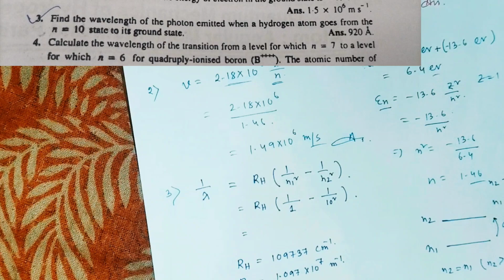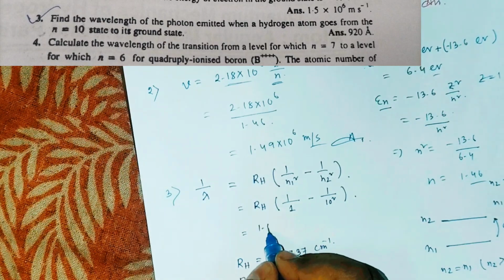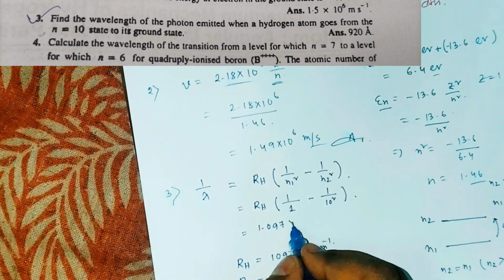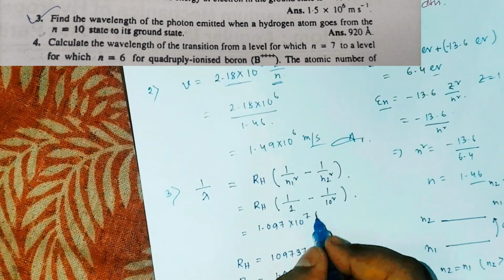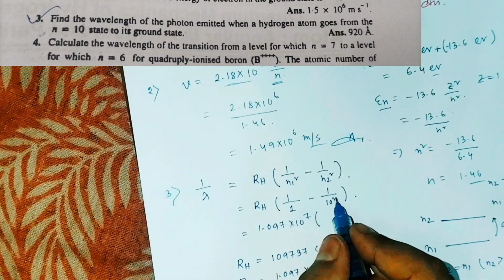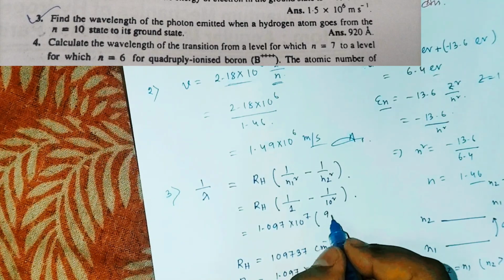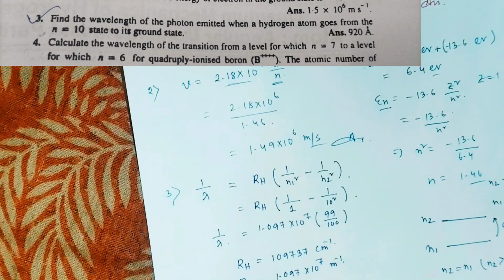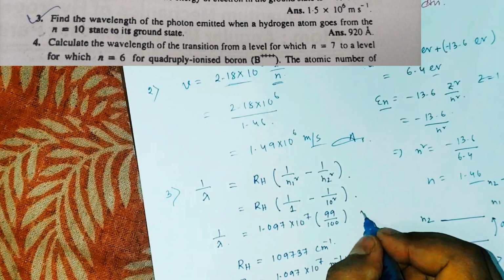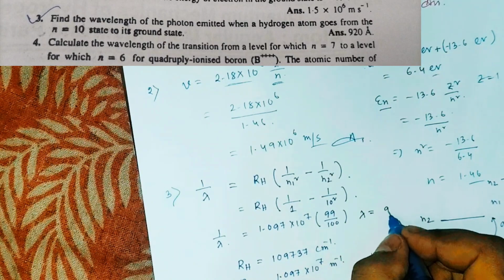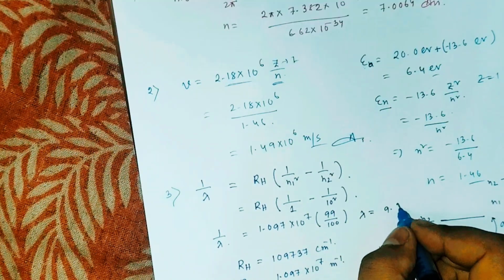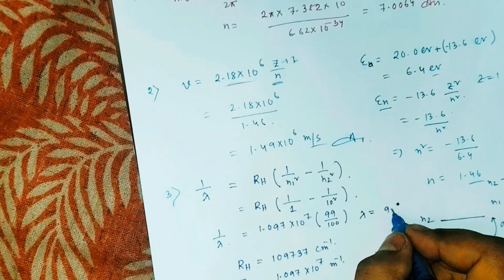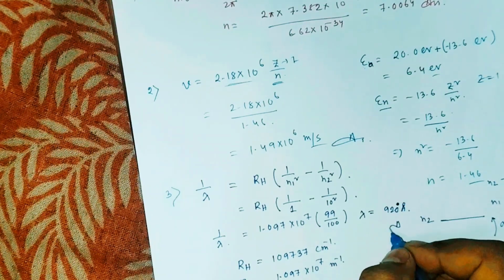Then you will get 1.097 into 10 to the power 7 into 99/100, and this will be 1 by lambda. If you use the calculator, you will get lambda equal to 920 angstrom.